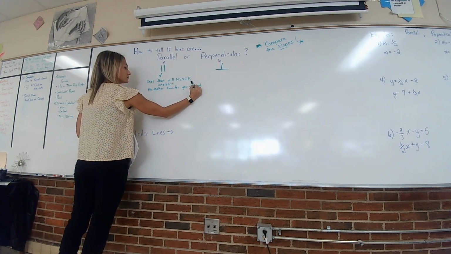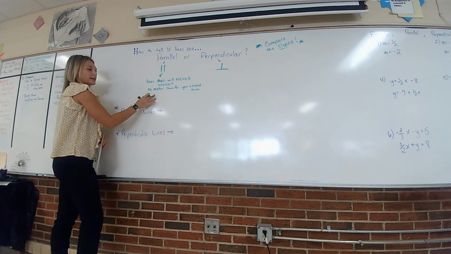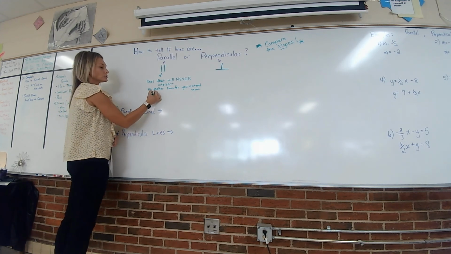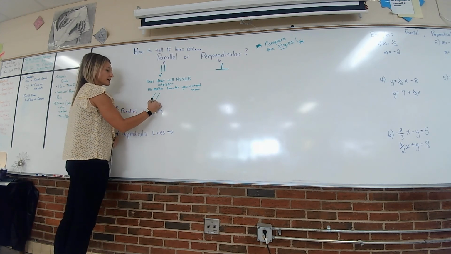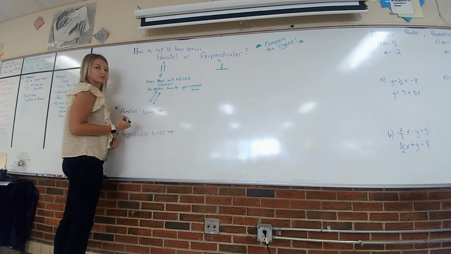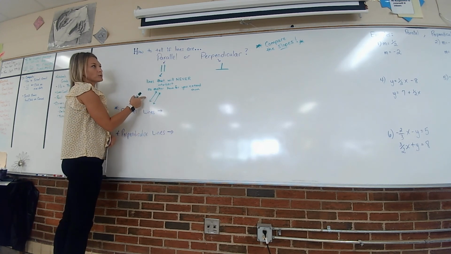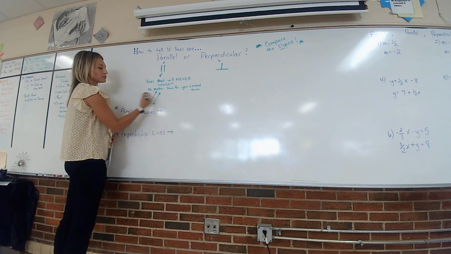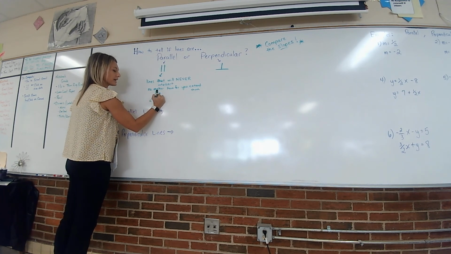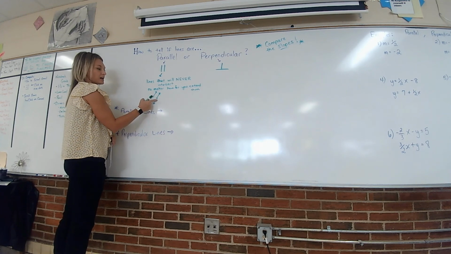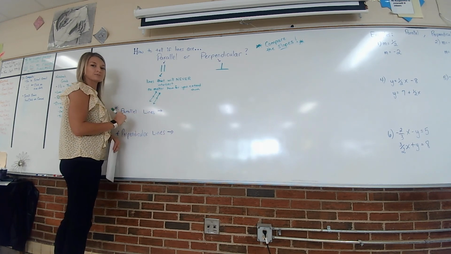Okay, so whenever you're looking at a picture, the way that they show you two lines are parallel, like if they had two lines, and remember lines go on forever, so you're going to see the arrows. But to show in a picture that two lines are parallel, you're going to notice that they put a little arrow on them. And the lines that are parallel will have the same number of arrows.